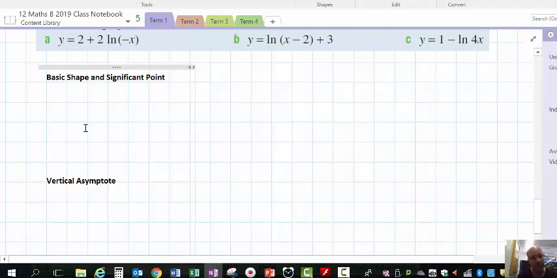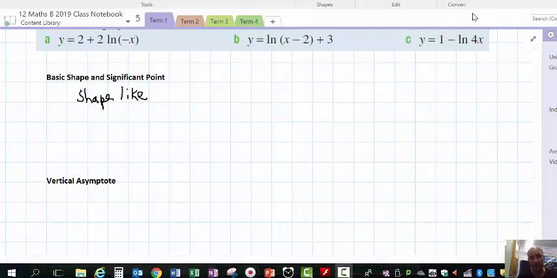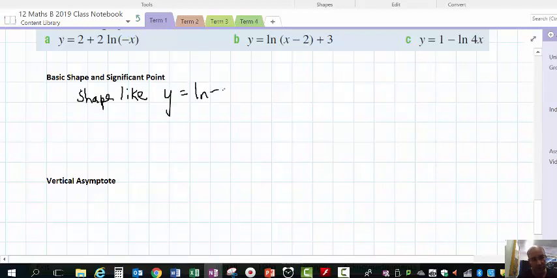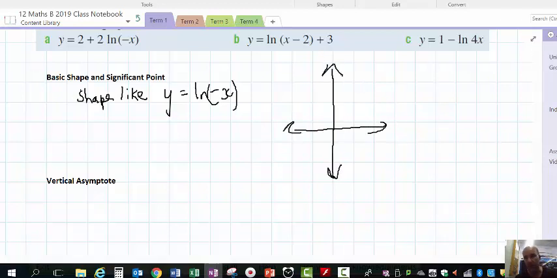Looking at the first example at the top, 2 plus 2 log of negative x. So it's the type log of negative x, so the shape's like this basically. I'm going to use natural logs as we said before. If we've got our axes, we're essentially looking at the following.